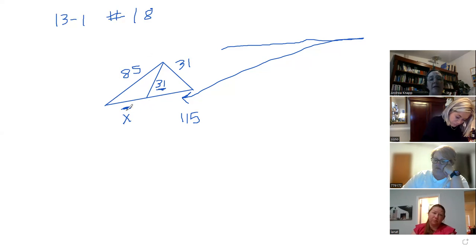And 31 plus x would have to be greater than 85. And 85 plus 31 would have to be bigger than x. So given all of that information, how can we find the minimum?